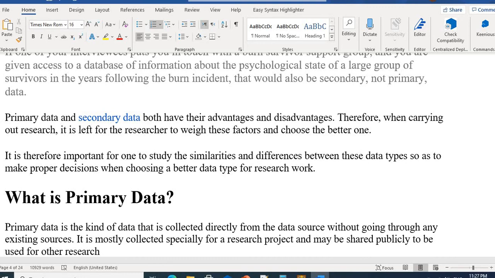What is primary data? Primary data is a kind of data that is collected directly from the data source without going through any existing source. It is most costly, especially for a research project, and may be shared publicly to be used for other research.